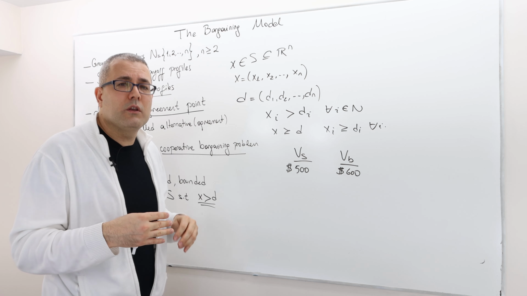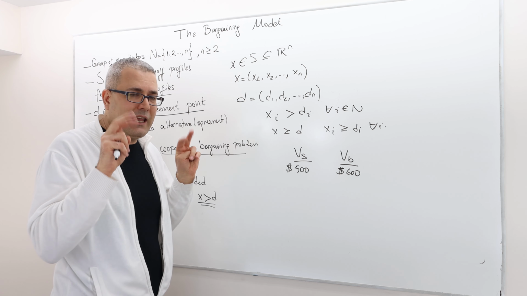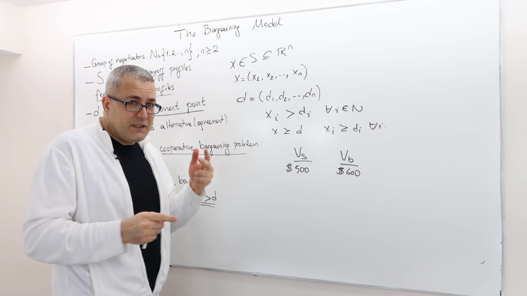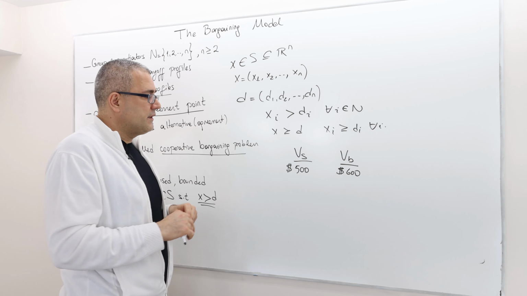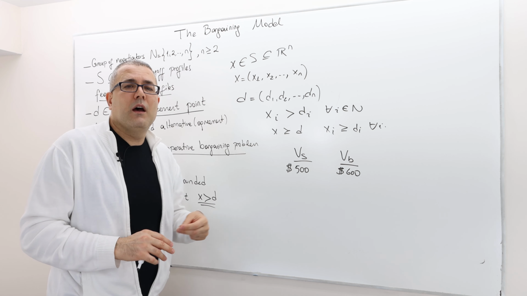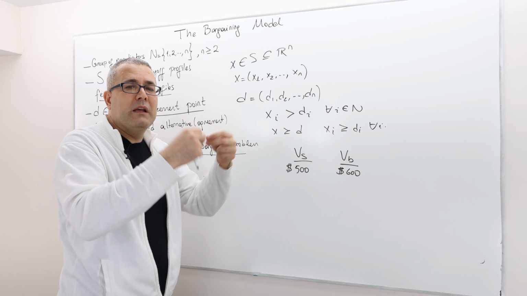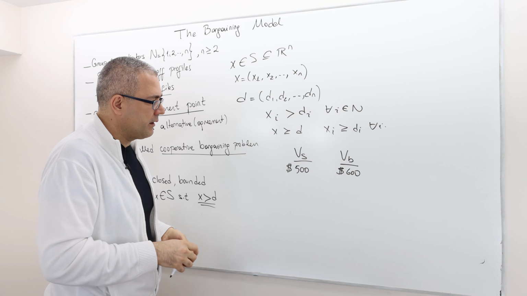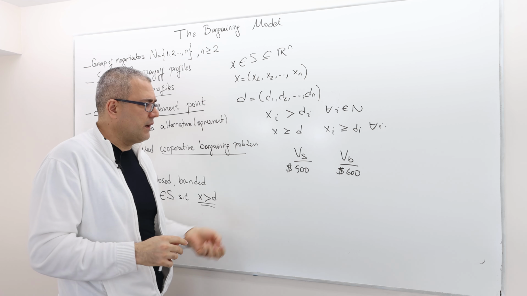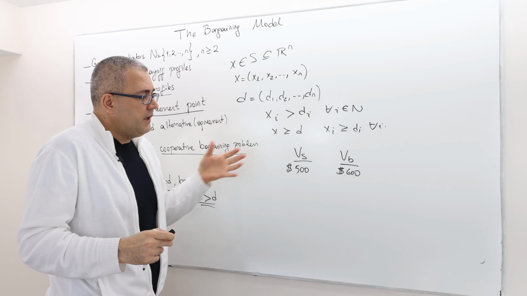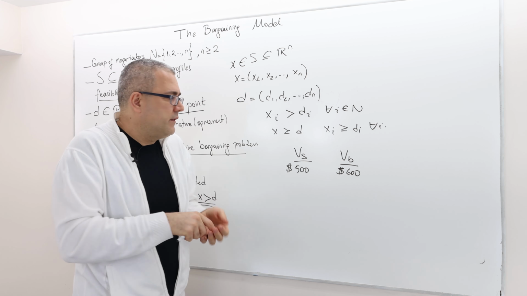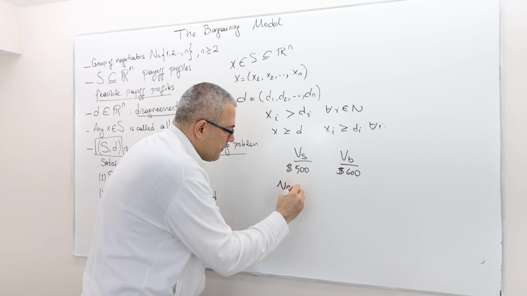So in a sense, we're looking at complete information games. That's a very strong assumption, but again, it's a first step to build upon for more complicated models. So under all these assumptions, these two guys are going to negotiate and determine the price.